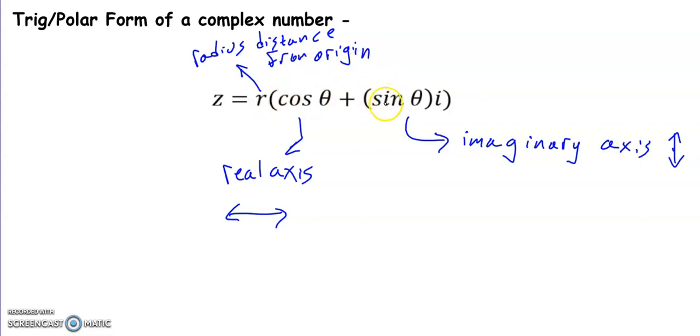These theta values, these angle values, are going to be the same for both cosine and sine. So we can often shorten this up to say z equals r cis theta, where we have cosine and an imaginary sine of theta.